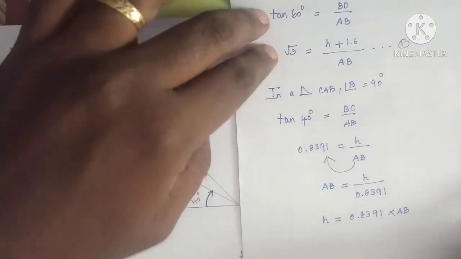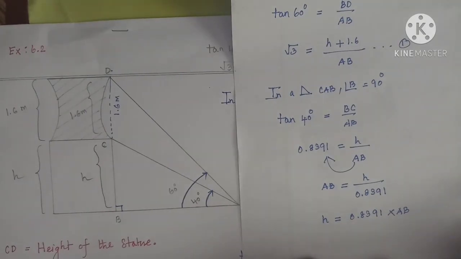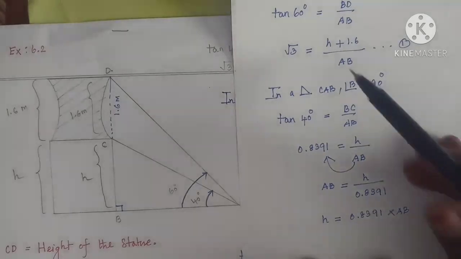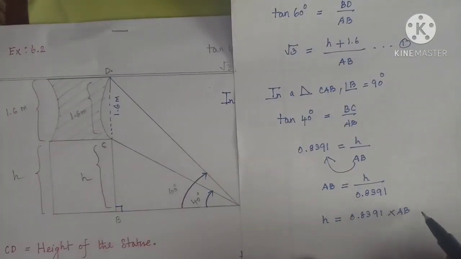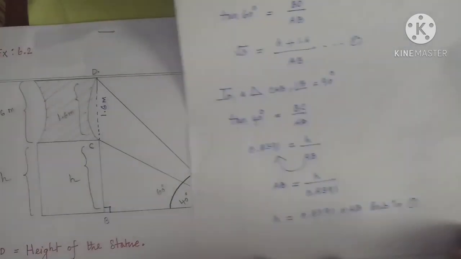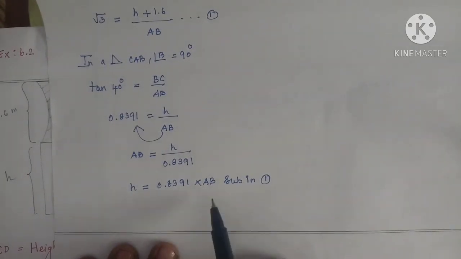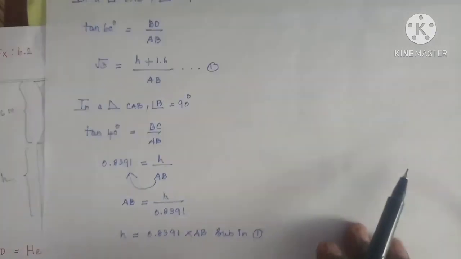So instead of this H, I am going to replace this value here. Substitute in 1. H equal to 0.8391 into AB, substitute in 1.